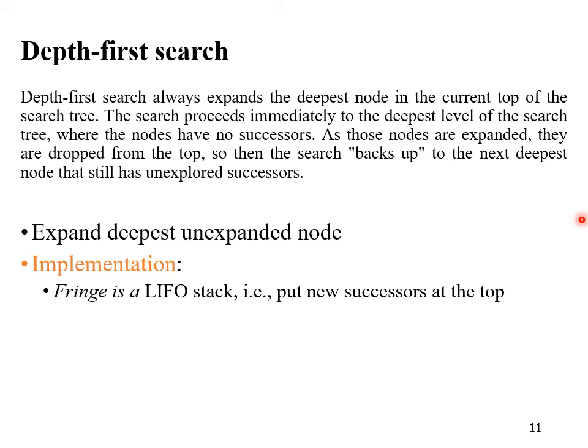This is depth first search. In depth first search, we have to use a stack, or you can say that you can use a queue also, but it will be used in a LIFO manner, last in first out. We can use a stack because a stack already works in a last in first out manner.